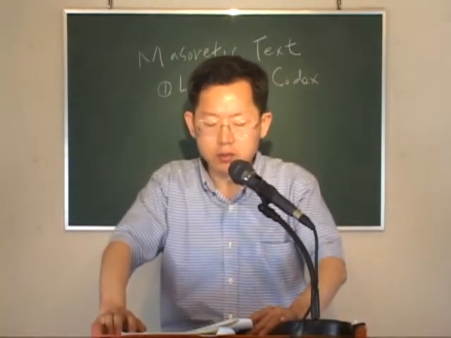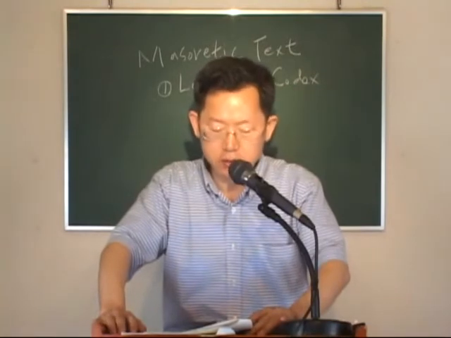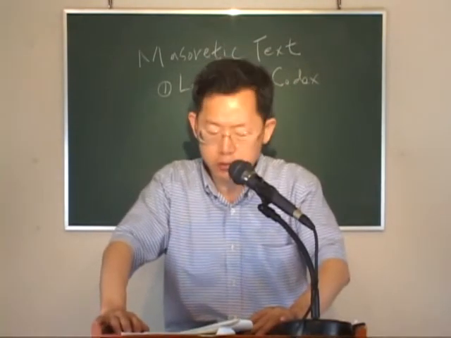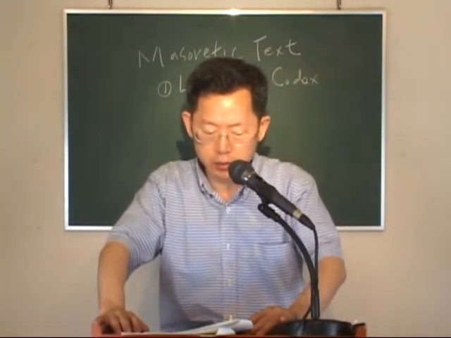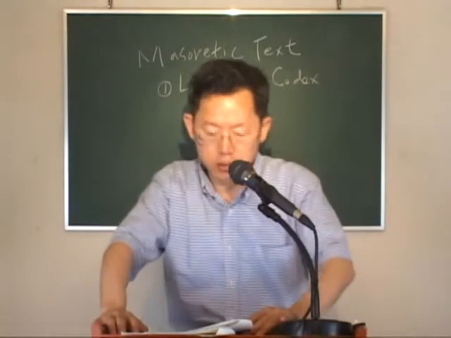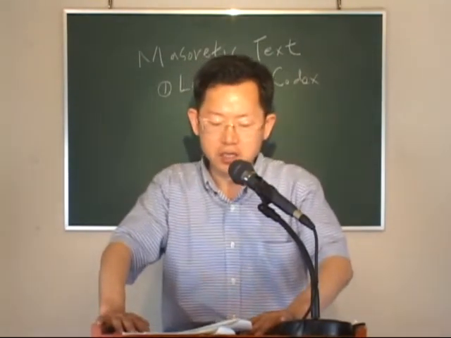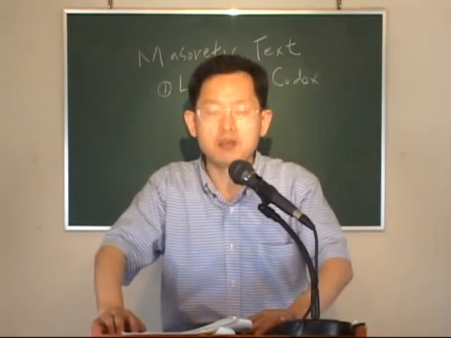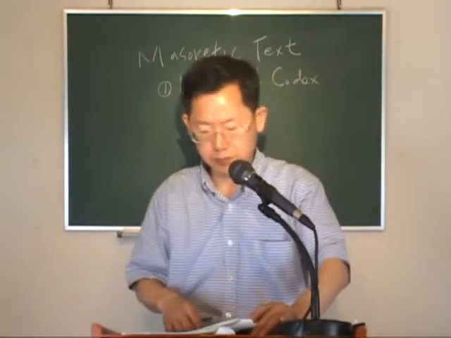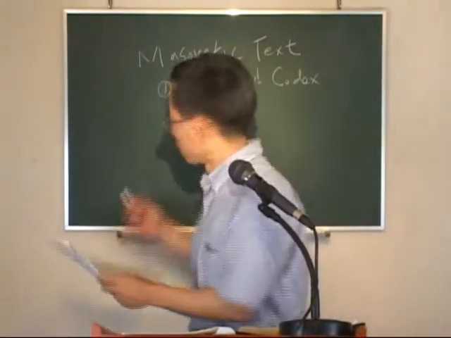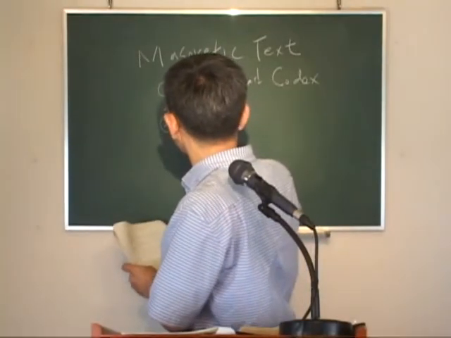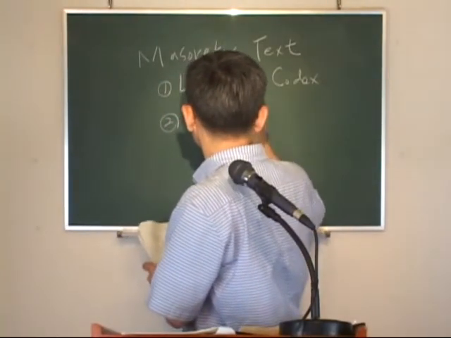A portion of the Old Testament Bible written 100 years before Jesus' coming was found to be almost identical to the Masoretic text.